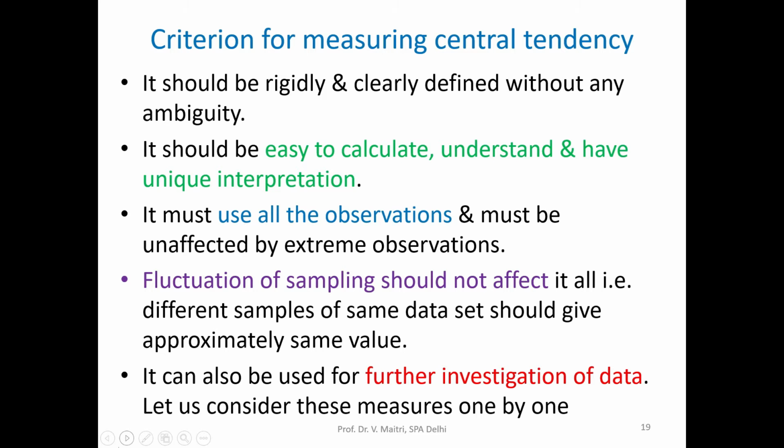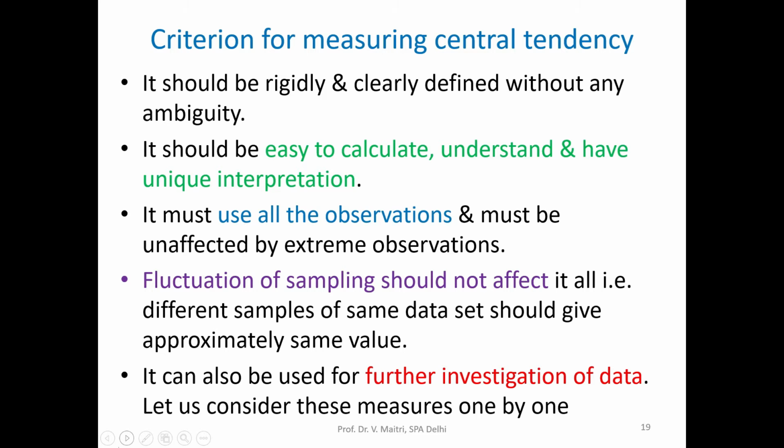Then fluctuation of sampling should not affect it. We have done sampling. You know the different methods of sampling. So whatsoever sample we get, it should not be much affected. That is, different samples of the same data should give approximately the same value.